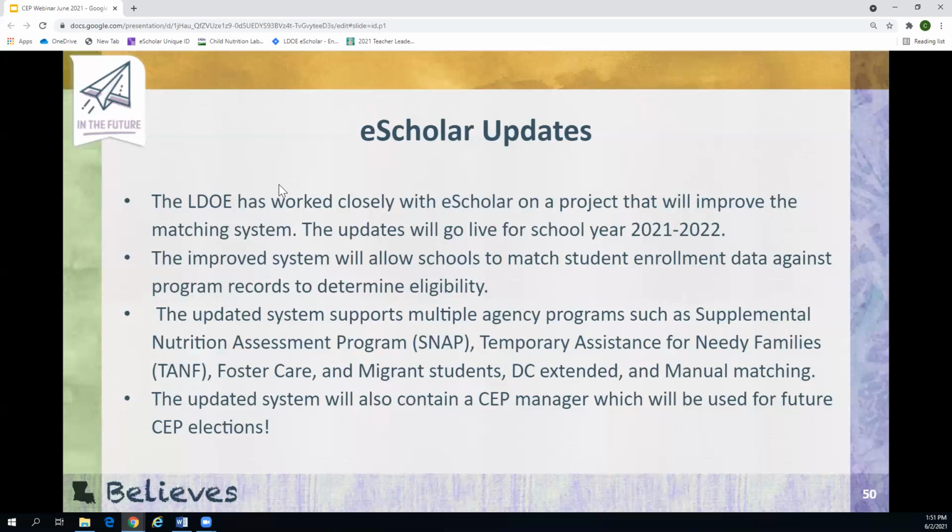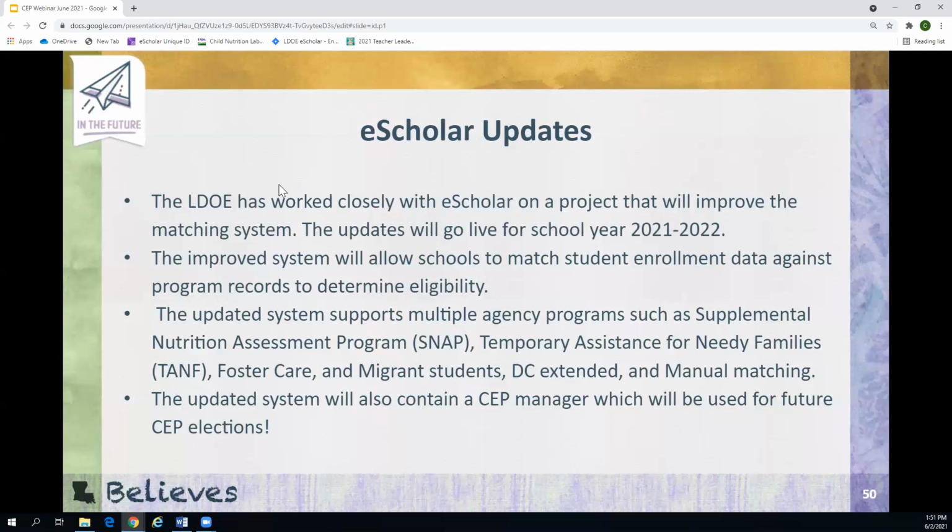So this system will allow schools to match student enrollment against program records to determine eligibility. So your question is probably, well, aren't we already doing that? And the answer is yes, but we're going to really expand on that in this next update.